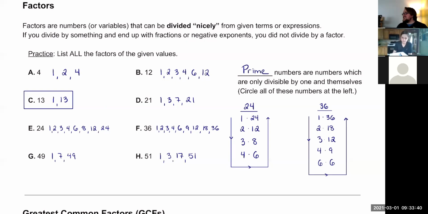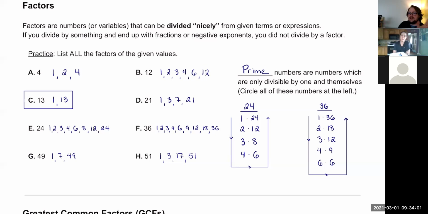So even ones are the easy ones, because even numbers are always divisible by 2, so you're always going to have at least another pair. Odd numbers are the trickier ones, because sometimes we think, oh, it's not divisible by anything. It's not always the case.